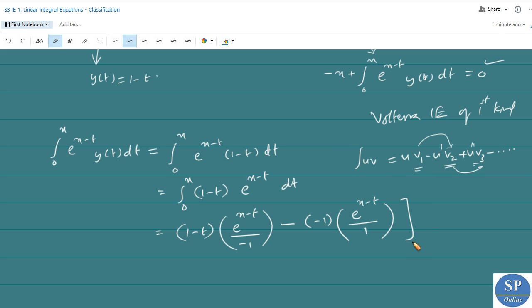Here t goes from 0 to x. The next term will be zero because we need to differentiate this, so from the next term onwards, we get zeros.